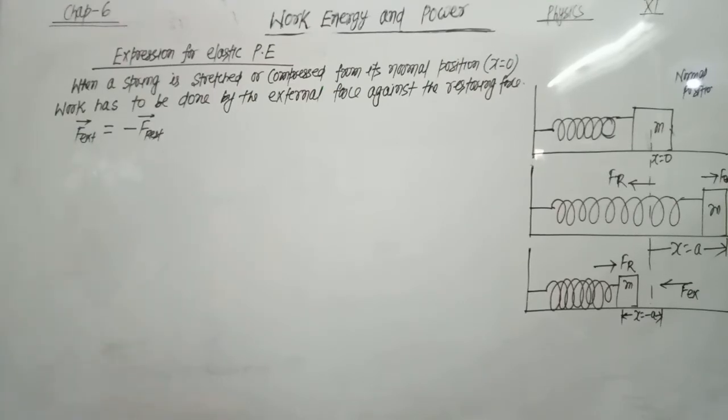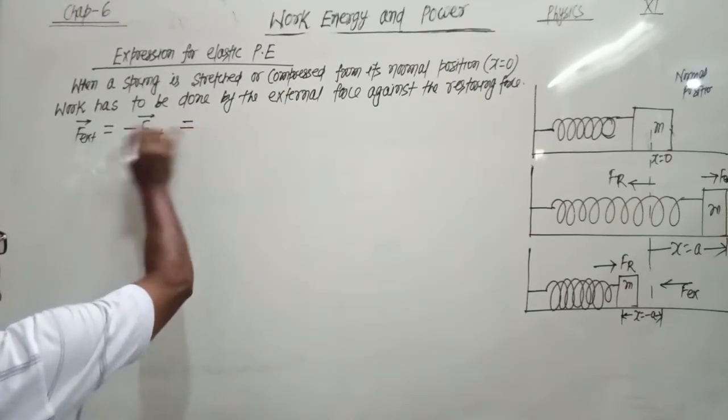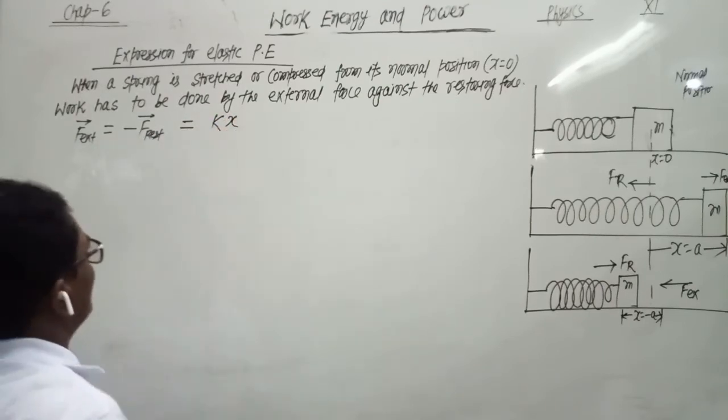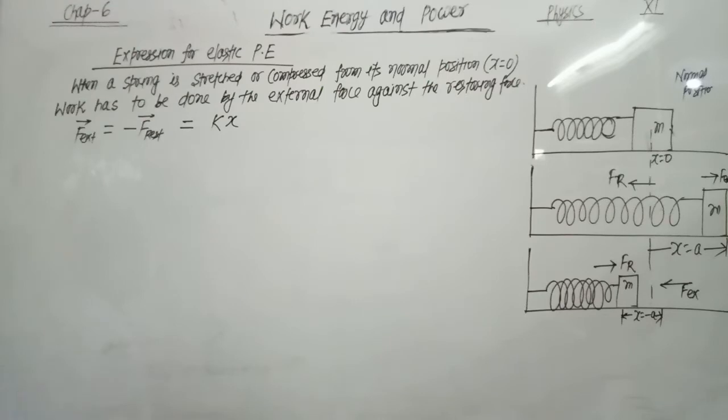So F external equals minus F restoring, and F external is given by kx, where k is the spring constant. In the previous video, we derived the result F equals k into x.